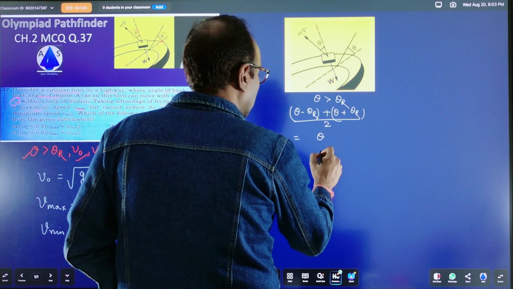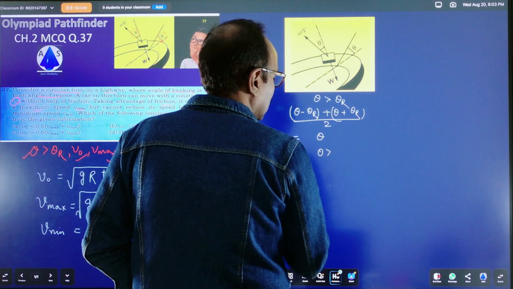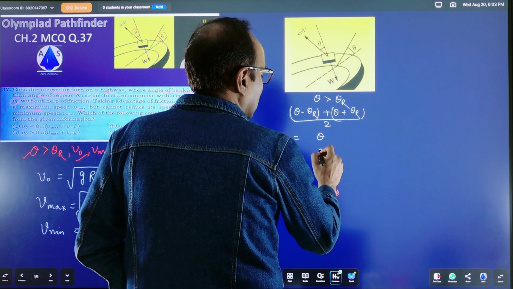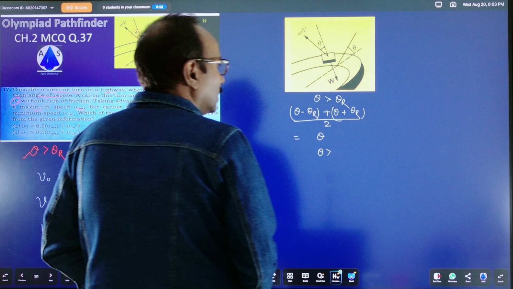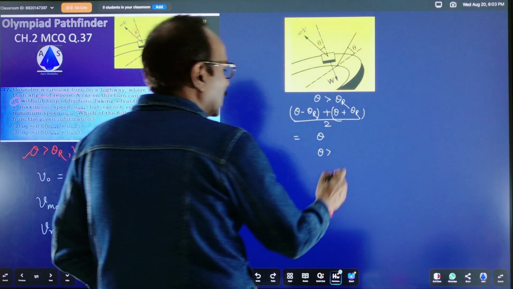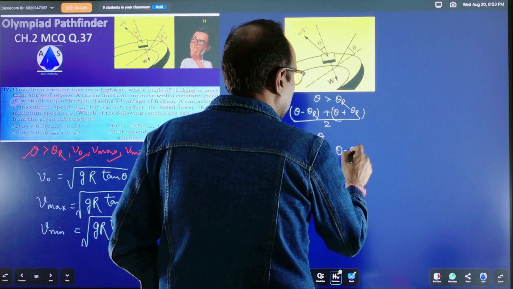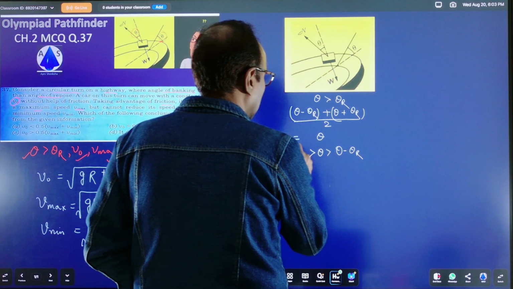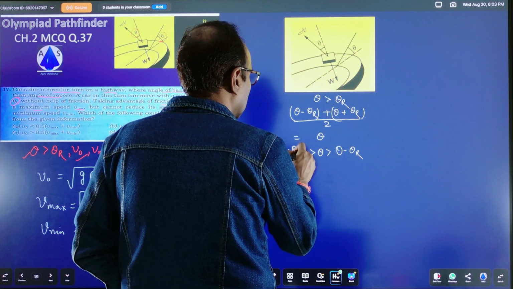So it means theta is greater than theta minus theta r and less than theta plus theta r.